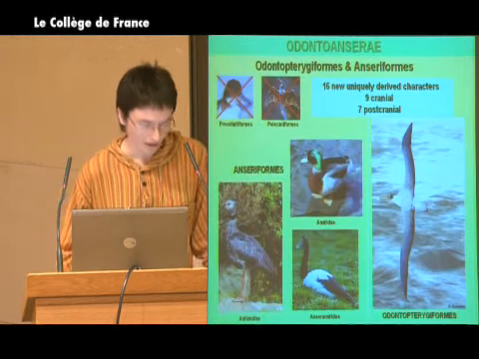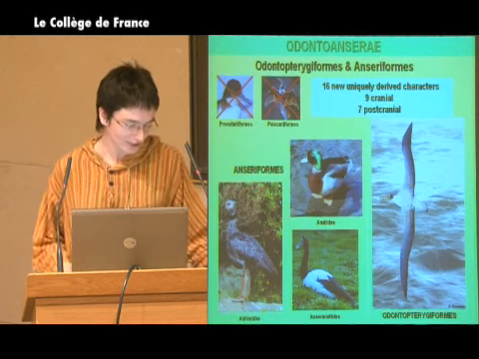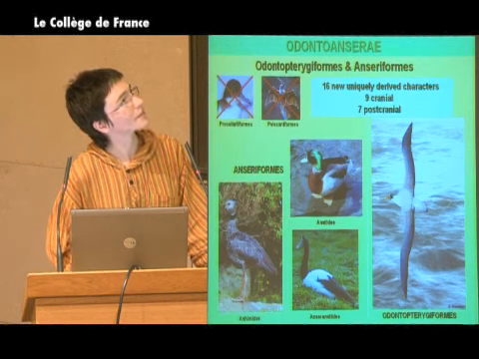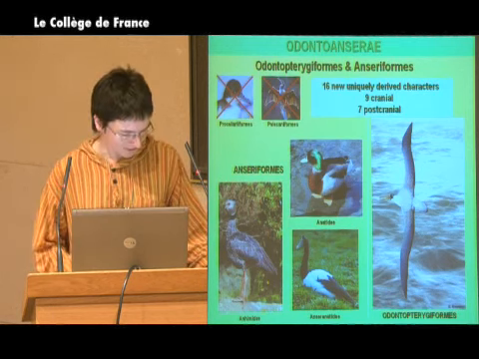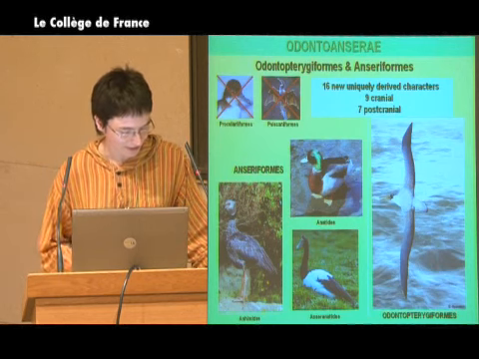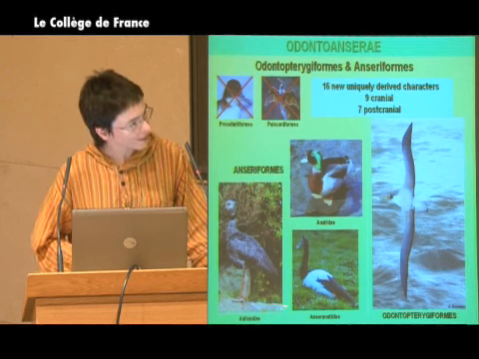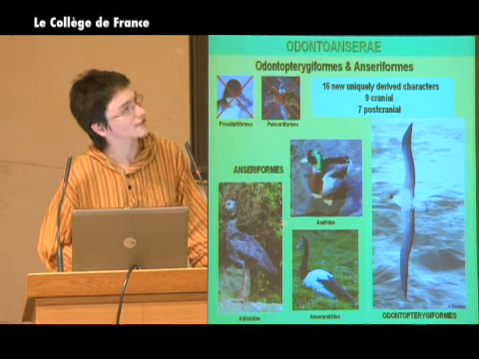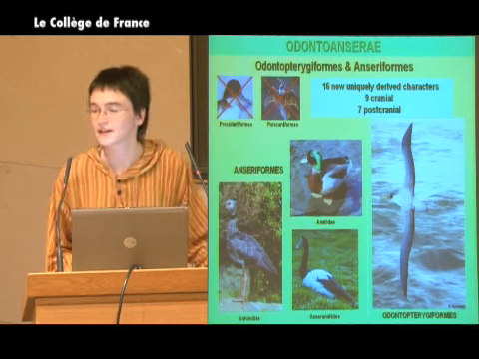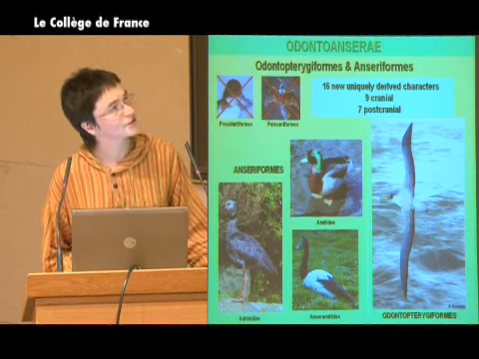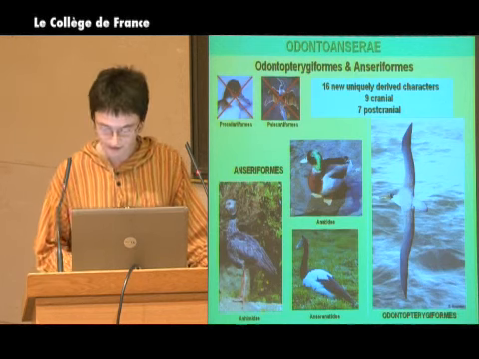So the false-toothed birds, or Odontopterygiforms, are neither related to petrels and albatrosses nor to pelicans, but they are a sister group to the Anseriforms, which comprises three extant families, namely the screamers, Anhimidae, the magpie goose, Anseranatidae, and the ducks, the true ducks, Anatidae. And this clade is based on 16 new uniquely derived characters, including both cranial and postcranial features.